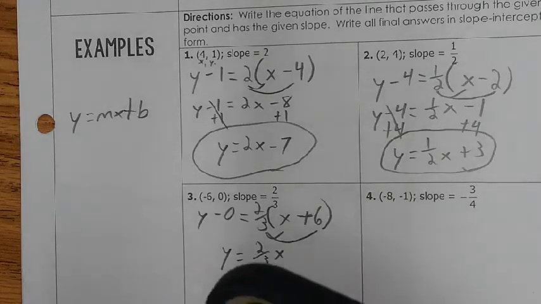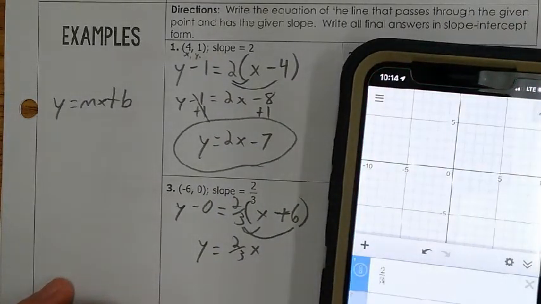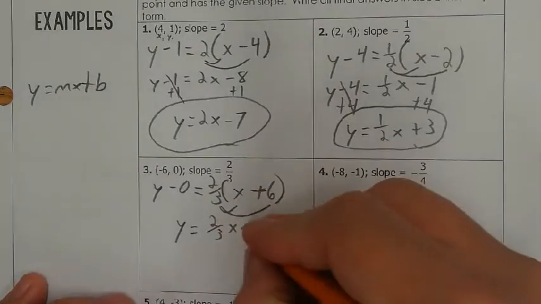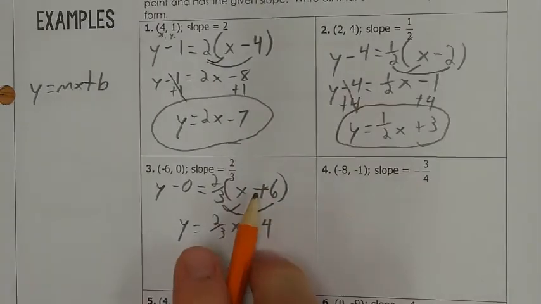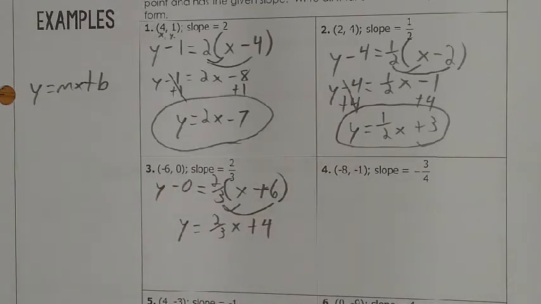But just in case you didn't know, you pull out your handy dandy Desmos. 2/3 times 6, you get 4. Wait, why isn't it minus 6? Because it was minus a negative. Whenever you're minusing a negative, it's the same thing as adding a positive. Now what's nice about that, if y is 0, you're done. So that's already in y equals form. So we just stop there.